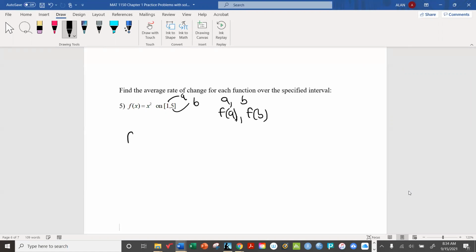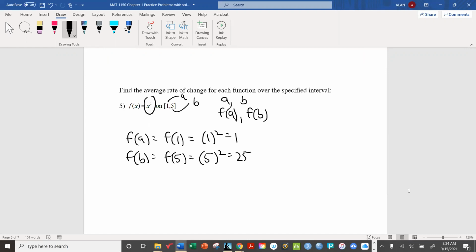So in this case, F of A is F of 1, which is 1 squared, which is 1. F of B is F of 5. 5 squared is 25. Now, why is it F? Remember, the function is x squared.